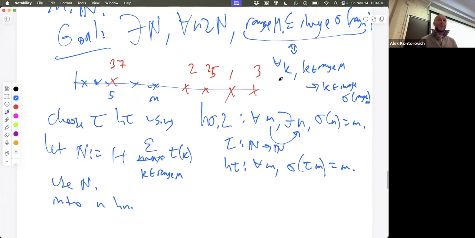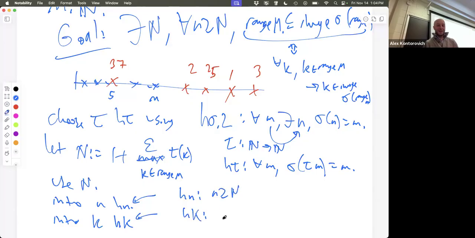We could change, or we could just directly say intro. So intro k hk. So this hn says that n is at least capital N. hk says that k is in range m.